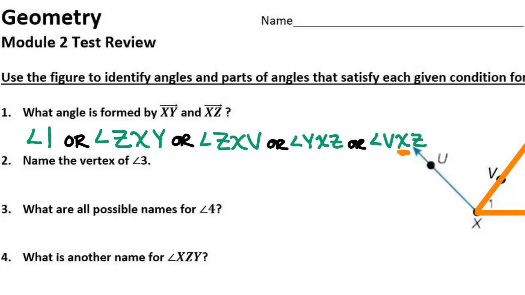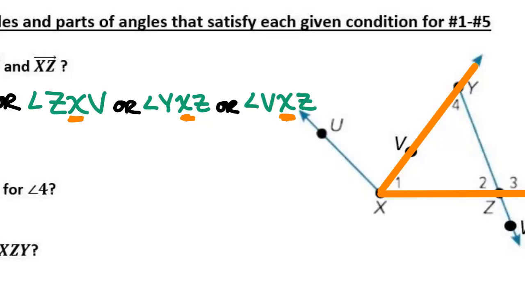Notice on all of the ones that we have named with 3 points, X, this place where we turn, is right in the middle. Your vertex, your turning point, has to be right in the middle of your name for that angle.